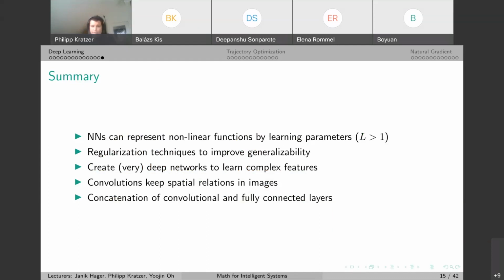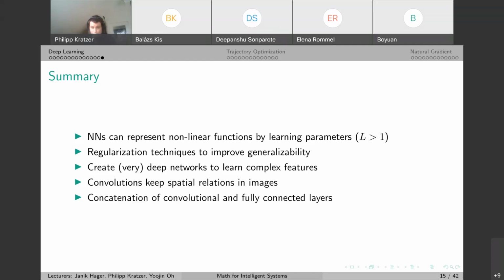Regularization can be used to improve the generalizability. We can create deep or very deep networks to learn complex features. So this is kind of a black box network, and the function is adapted automatically to our training data.